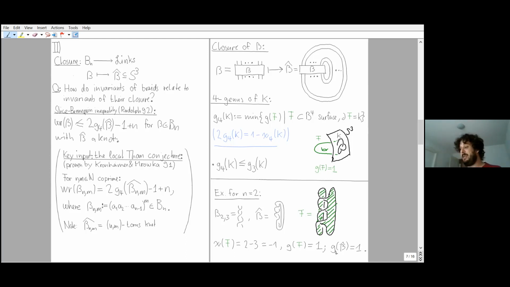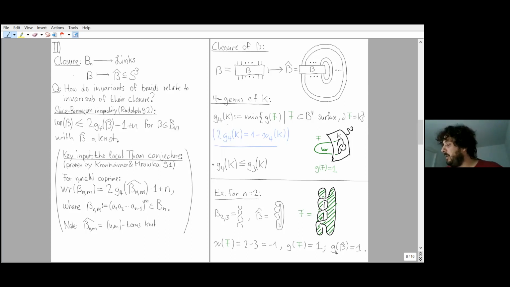If you don't like this assumption on the knot, and if you only know what the four-genus is, you can always replace twice the four-genus by 1 minus the four-dimensional Euler characteristic. And then everything makes sense for links, and I can forget about this beta knot. But I think the important information is already there if you restrict to braids where the closure happens to have one component, so is a knot.